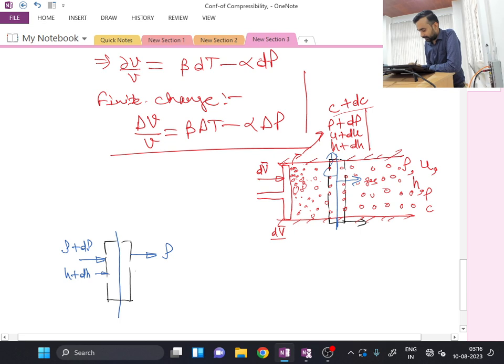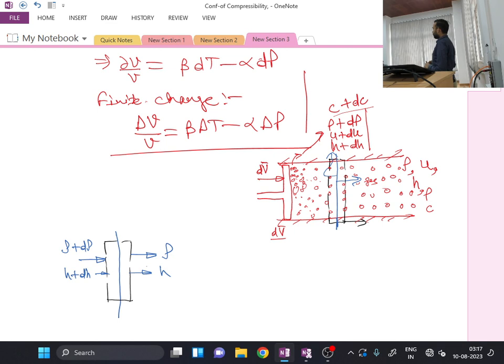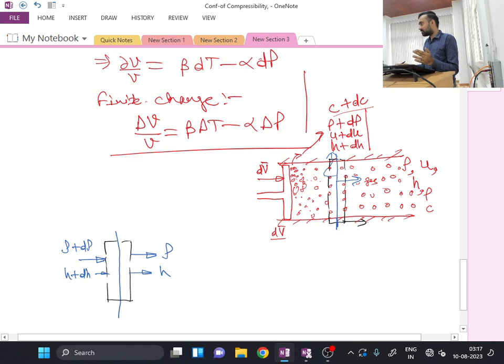On the contrary, here enthalpy will be H. Okay, now let's consider that I have fixed the observer on the control volume, and the observer is also moving with the wavefront. What will happen? The observer will feel that this fluid, which is kind of stationary over here, because the wavefront is moving with speed of sound c, is coming towards the wavefront at velocity c. Is this point clear?